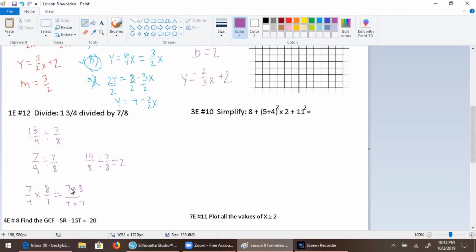So you can cancel the 7 because it's on both the top and the bottom, and this 8 is the same thing as 4 times 2. So now you can cancel the 4 with the 4, and all you have left on the top is 2. On the bottom you have 1, so it's 2/1, which is the same thing as 2.